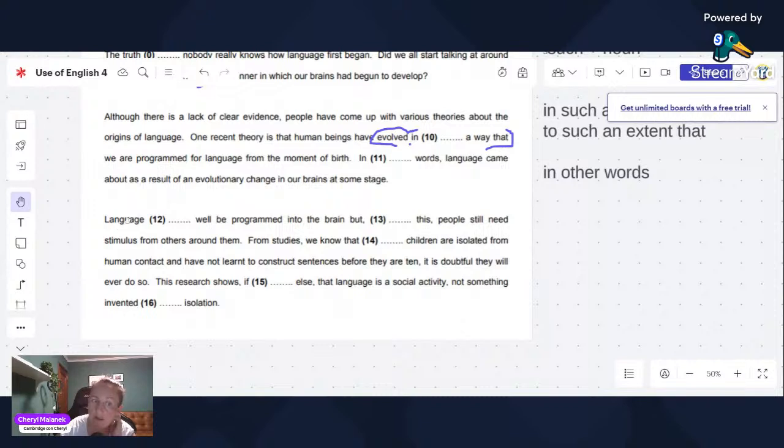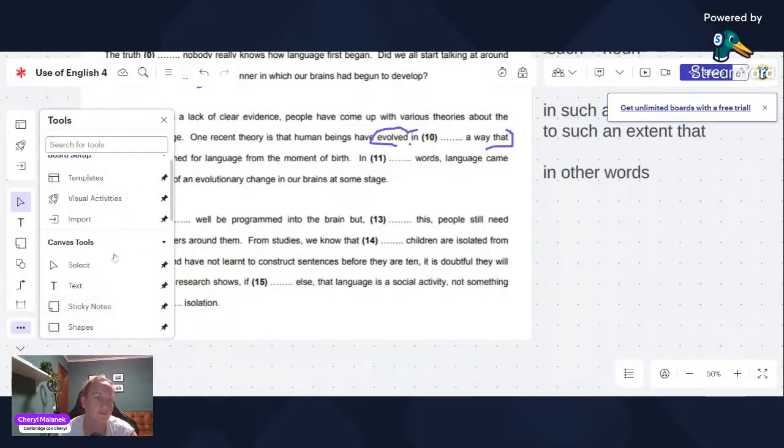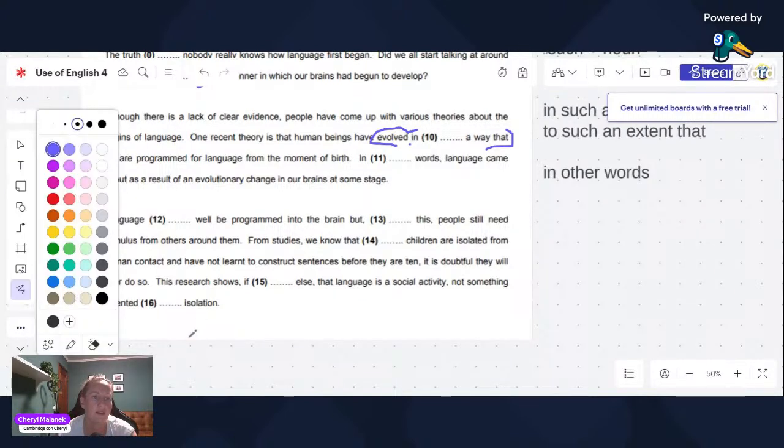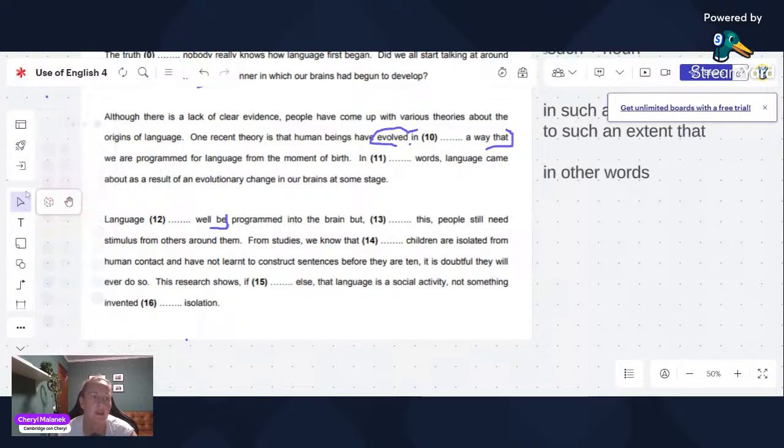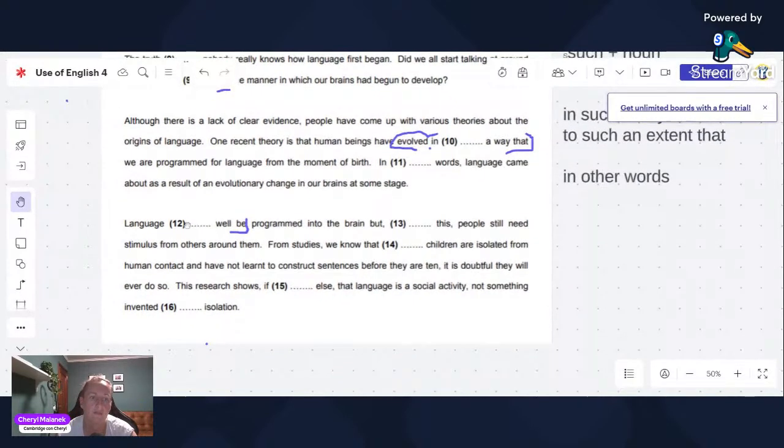So we've done number 11. Number 12. Language will be programmed into the brain. Okay, so if I see a verb here, we've got the verb be here. If we have the verb be, then I'm going to be thinking, okay, what comes before a verb in the infinitive form?